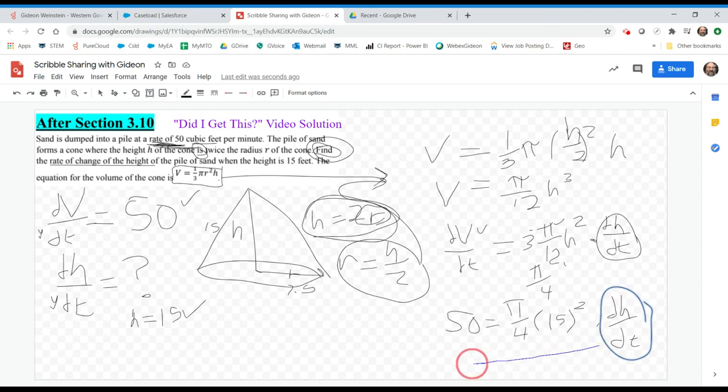dh/dt, when you solve, I'll move over here, right? Without thinking about it, it's 50 over, sorry about that, pi over 4. And then I'll just make the 15 into 225. You can see a bunch of 25s in there, right?